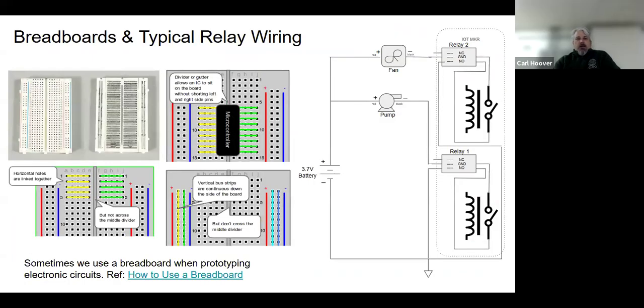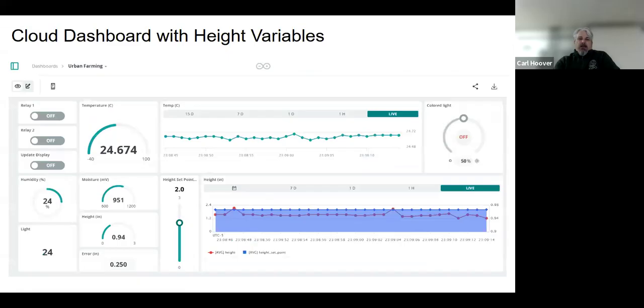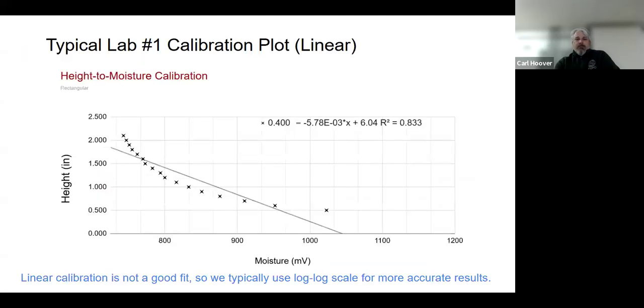We'll sometimes use a breadboard for some of the wiring as needed, and then we'll modify the existing dashboard and thing with some variables for the height set point, and the error tolerance, making a dashboard that looks something like this. We'll demonstrate that along the way, and that's going to involve setting up variables with various types, various definitions, and various update rates, including whether they are updated as they change or at a fixed sample rate.